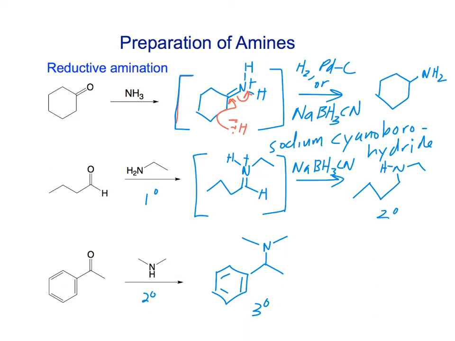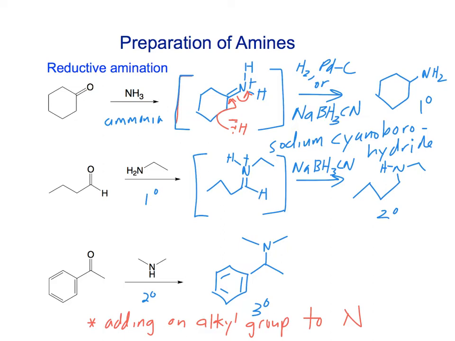So each time we're adding one alkyl group in the process to the nitrogen. Here we start with ammonia, and we get a primary amine as the product. Okay, so we are adding one alkyl group to the nitrogen.